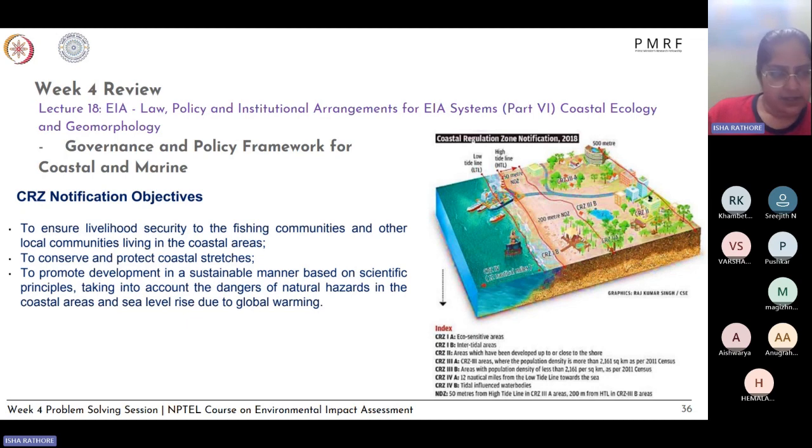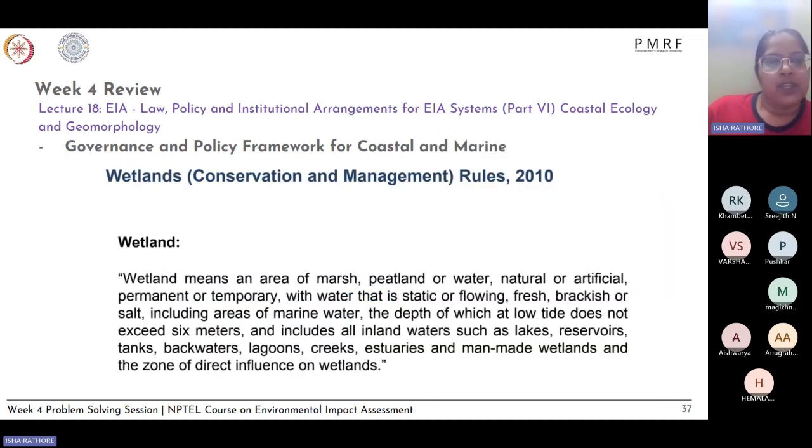So we also looked up at the CRZ notification. Then we also looked up at the Wetlands Conservation and Management Rules of 2010. So we looked up at first at the definition of wetlands.